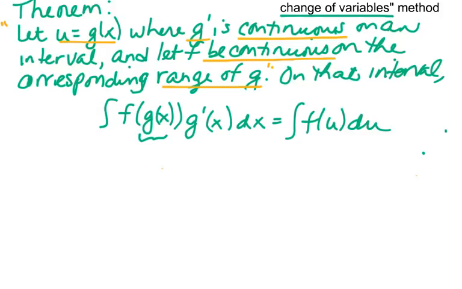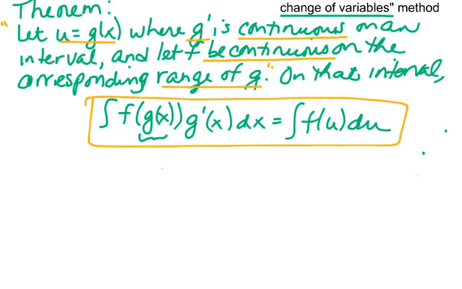So it's sort of that concept, if you will. But what does this formula tell us? And how do we use it? If you look at the expression on the left-hand side of the equal sign, g of x is going to be u. And then if I differentiate u with respect to x, I'm going to get the other piece of this.